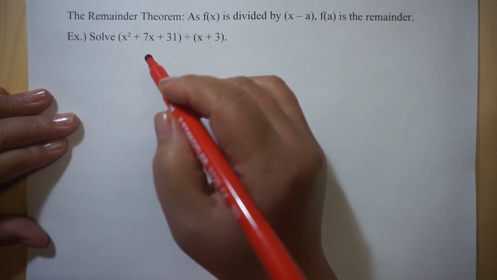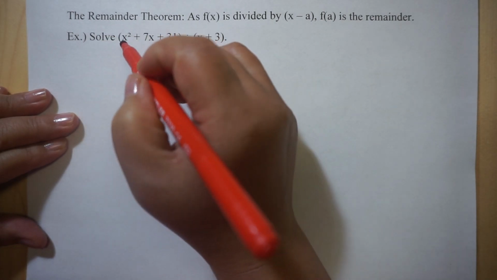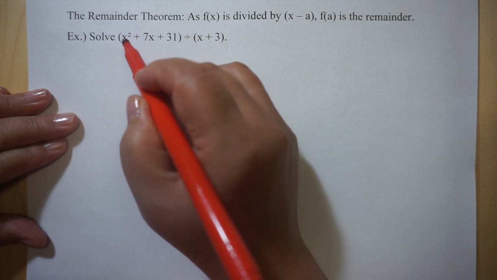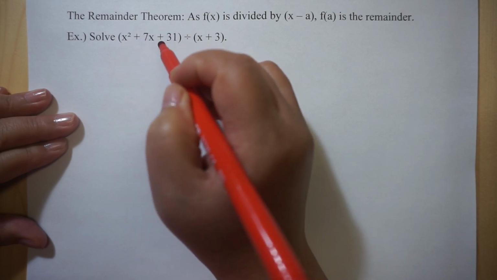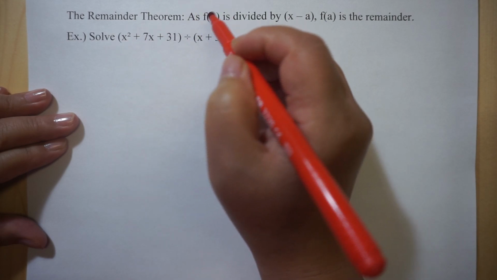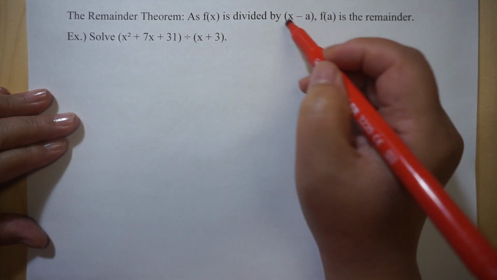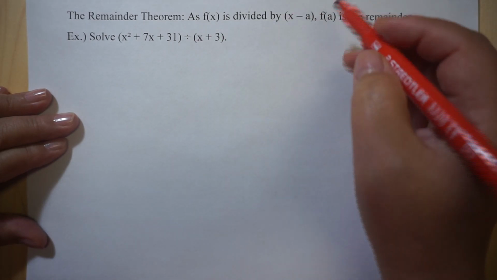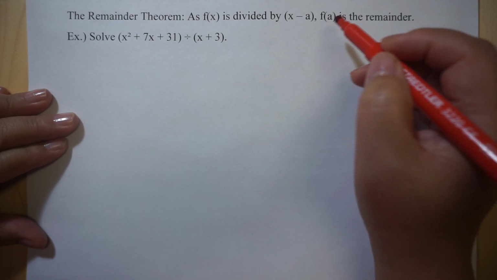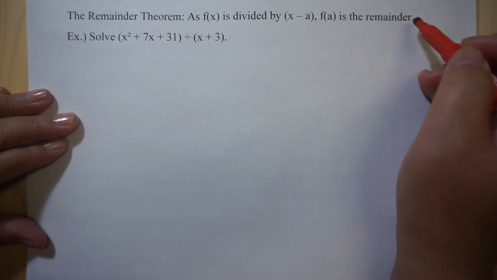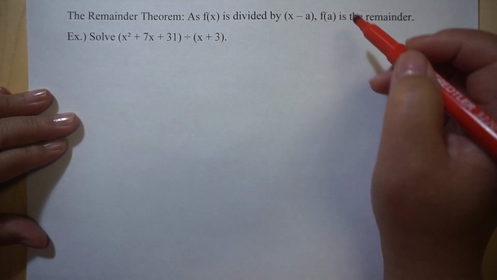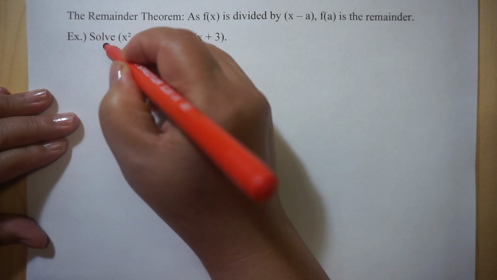Okay, so the remainder theorem. We know x squared plus 7x plus 31 is f of x, and x plus 3 is x minus a. And we have to find the value of a to find the remainder f of a. So we can do this way.